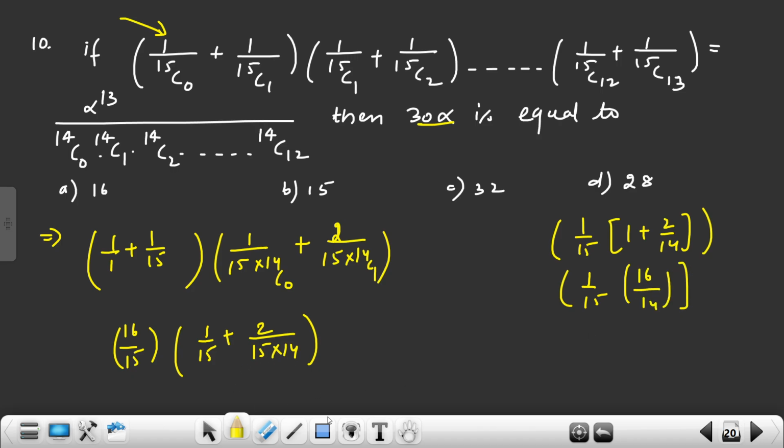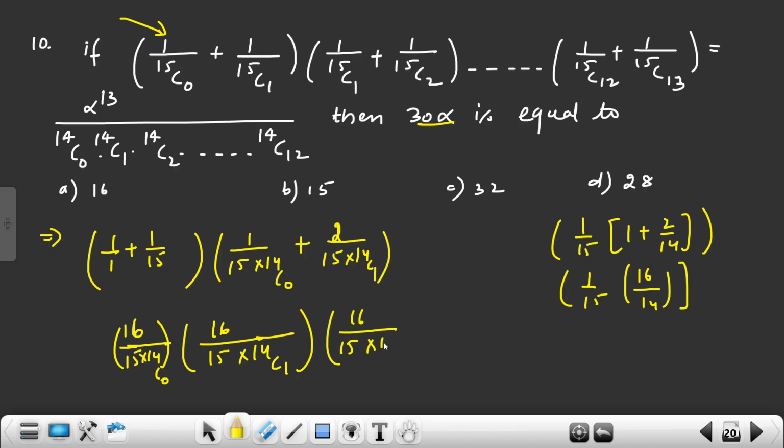So the second bracket is 16 by 15 into 14: here I will write 14c1, here I will write 14c0. Next bracket, you can assume 16 by 15, 14c2, and so on.